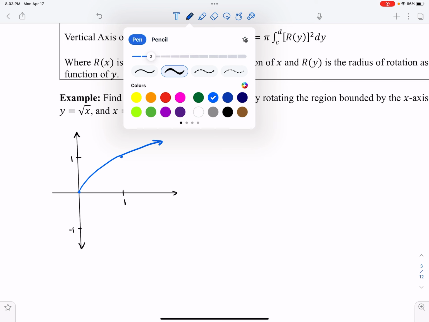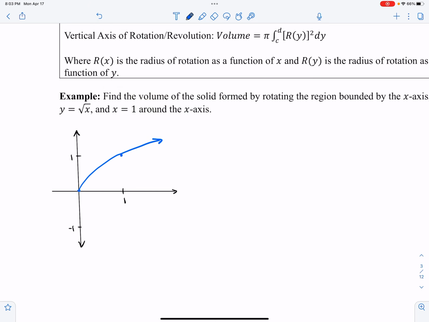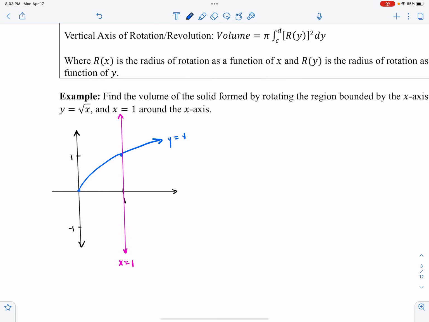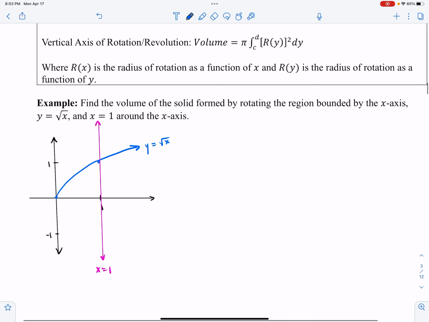And then we have a vertical line at x equals 1. Okay, as well as the x-axis. So this is the region that is going to be rotated around the x-axis.